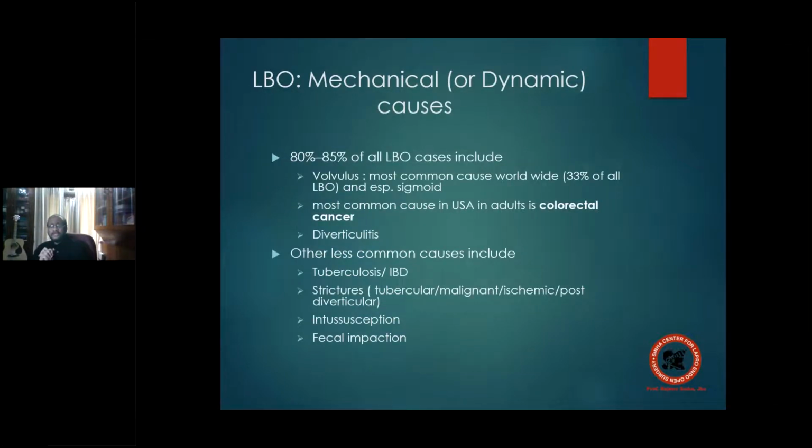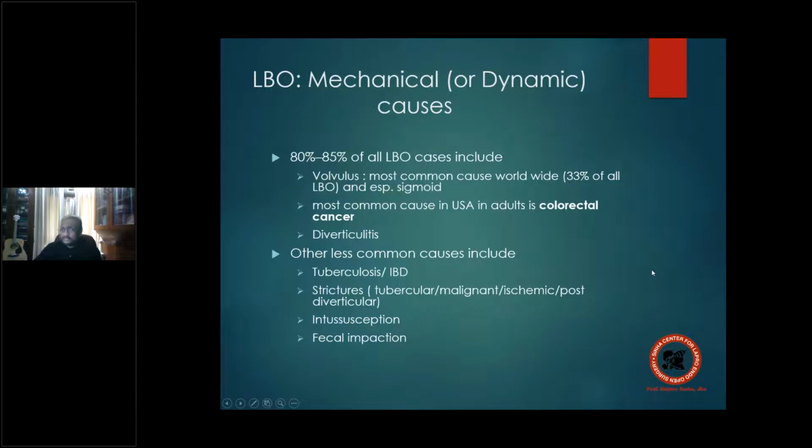Now coming to large bowel obstruction, mechanical or dynamic causes, 85% of all lower bowel obstruction include volvulus. Now that is the most common cause worldwide, 33% of all large bowel obstruction, especially sigmoid. Even in India, the most common cause of large bowel obstruction is sigmoid volvulus, as opposed to the Western world, where the most common cause is colorectal cancer.